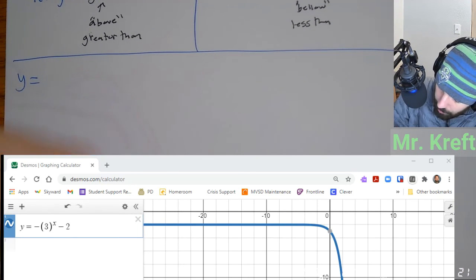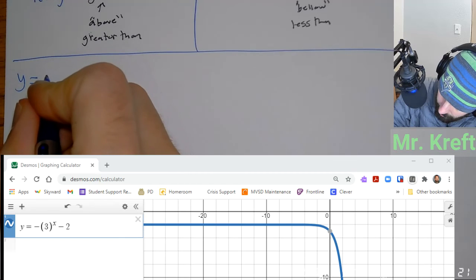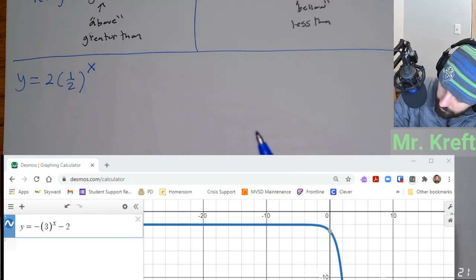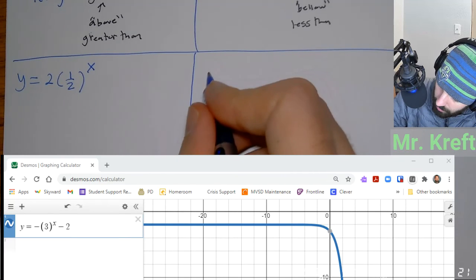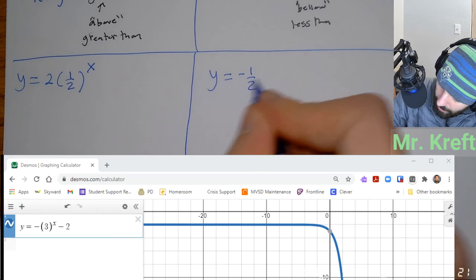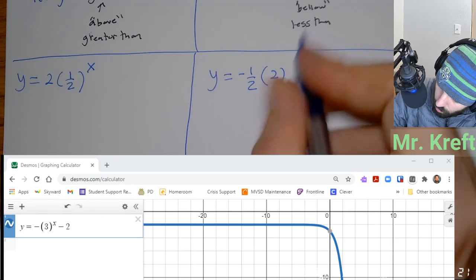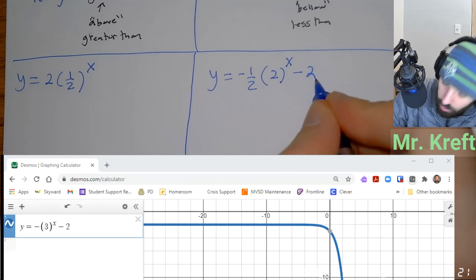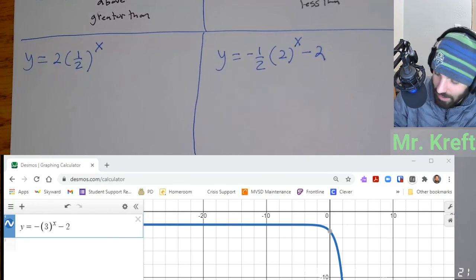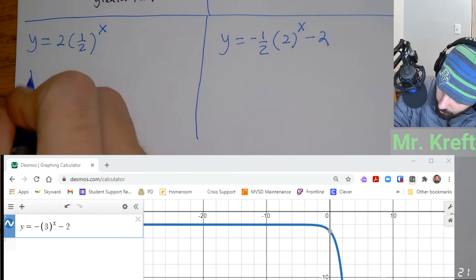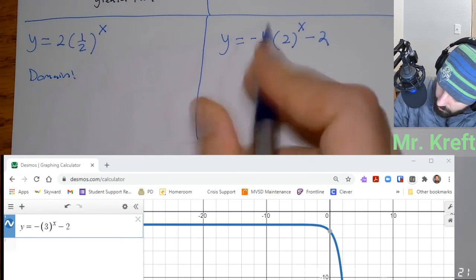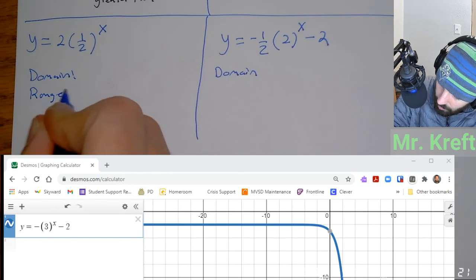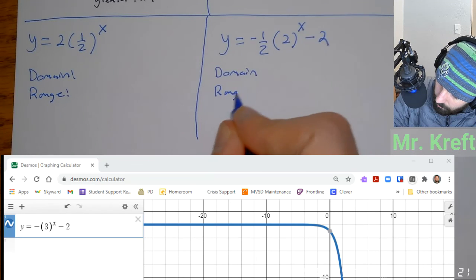So let's do one equation is going to be y equals 2 times 1/2 to the x, and our other equation is going to be y equals -1/2 to the x minus 2. All right, you're going to find the domain for both and the range for both. And this is going to be the last thing we do today.